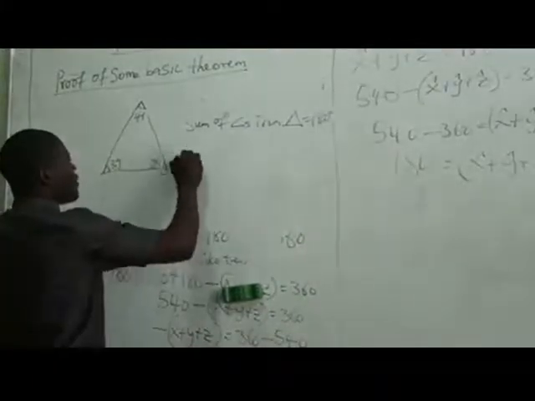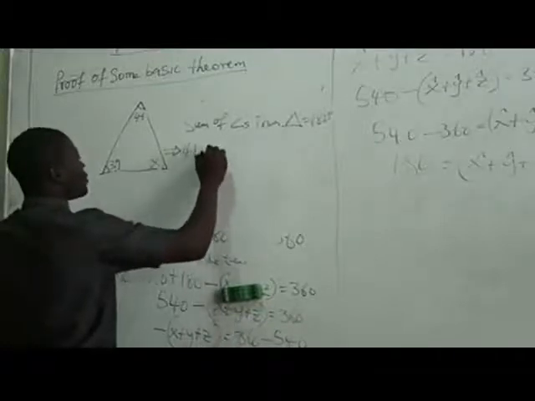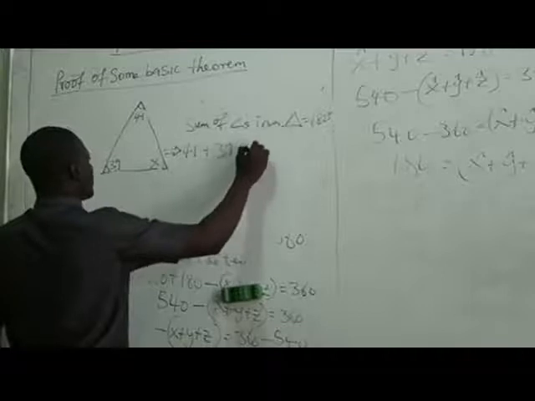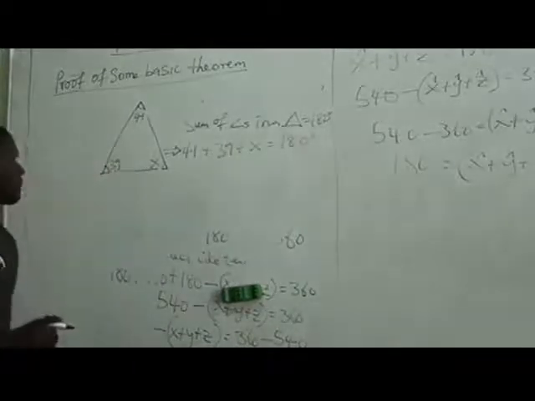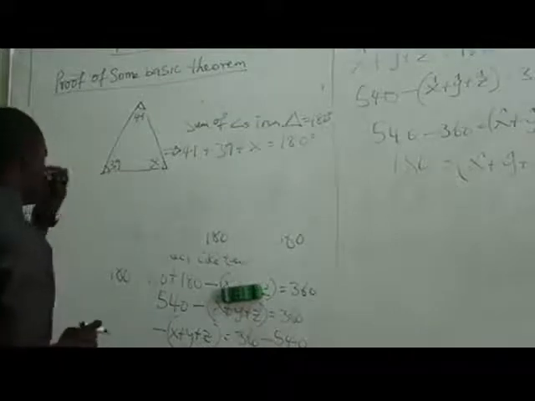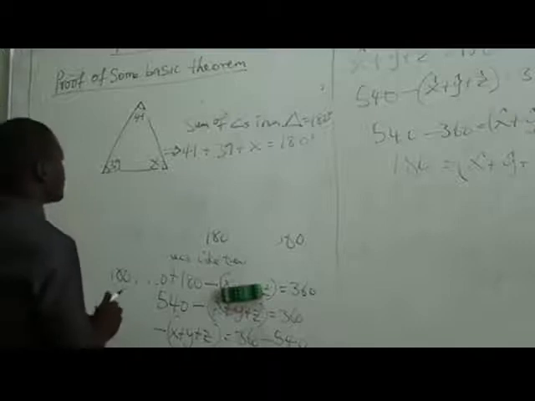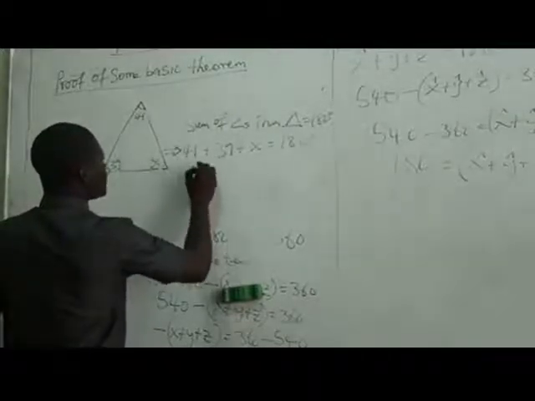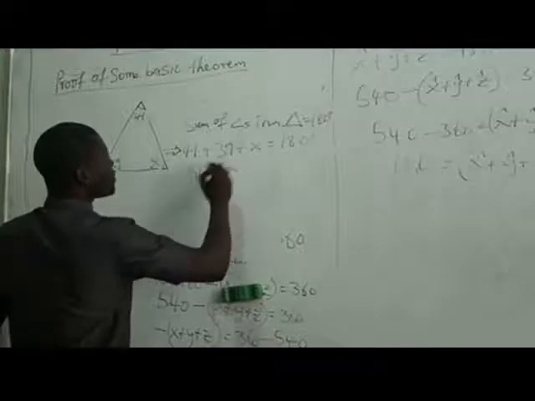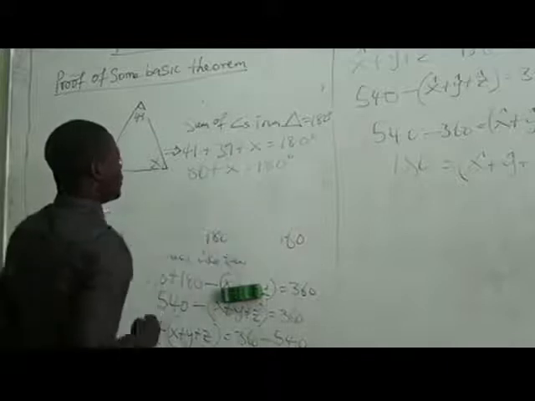Now you are going to write 41 plus 39 plus x equals 180 degrees. Now 41 plus 39 is going to give you 80 plus x, which is equal to 180 degrees.